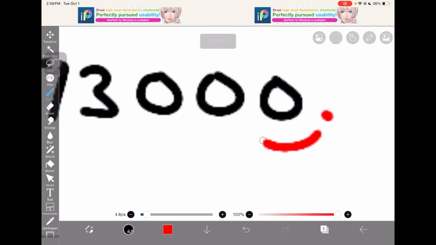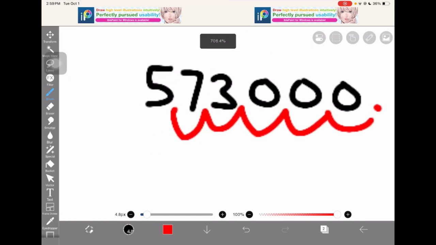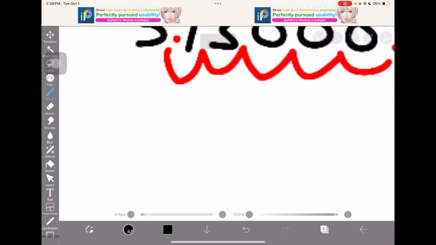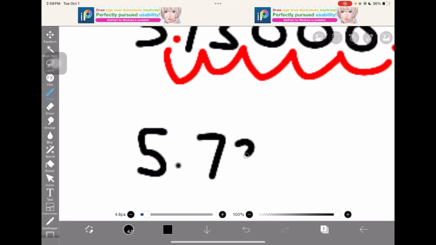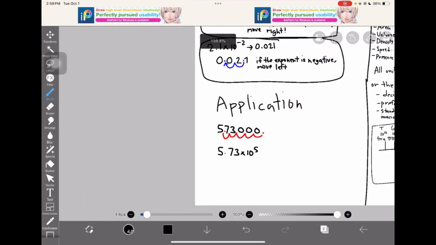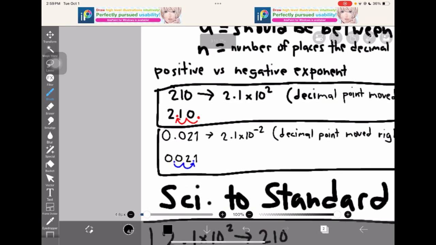So 1, 2, 3, so it's now 573. 4, 5, so now it's 5.73. So our new point will be here. Therefore, it's 5.73 times 10 raised to 5 because we moved our decimal point 5 spaces to the left, as we could see over here based on this rule.